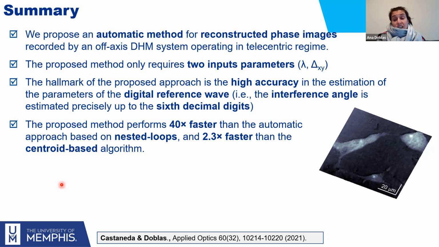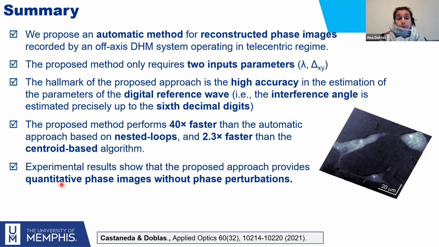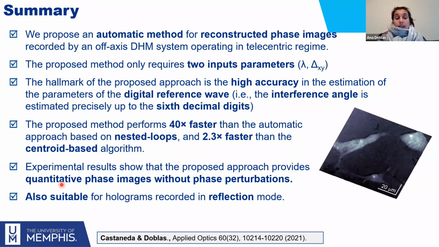It's also really fast. It's 40 times faster than the nested loop approach and 2.3 times faster than the centroid-based algorithm. Here we saw that our experimental results have minimum or no phase perturbation, so that's what we really want to have. And even though I showed results with a Mach-Zehnder interferometer, we also tested with a Michelson interferometer.